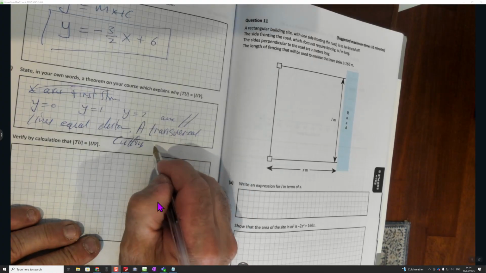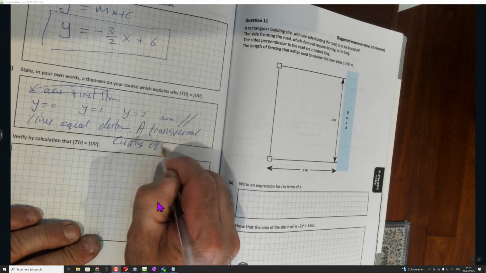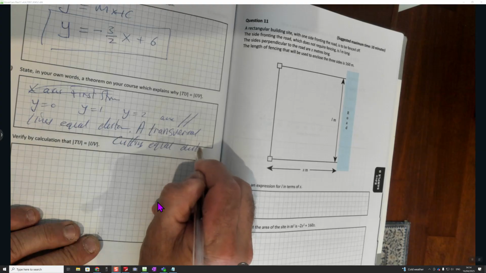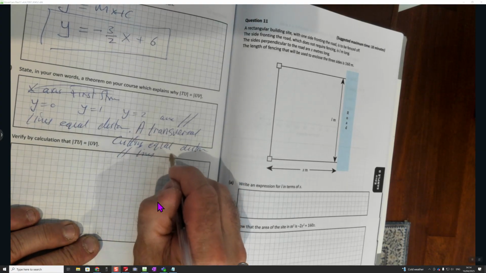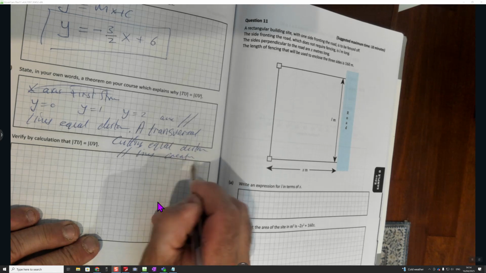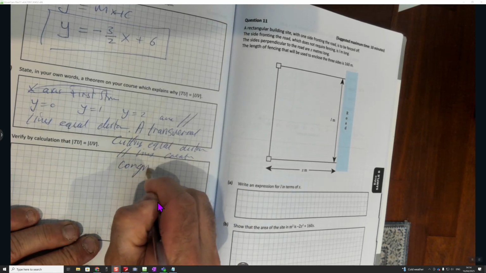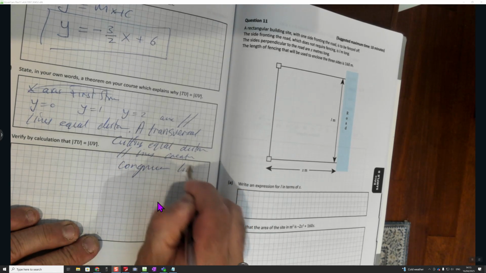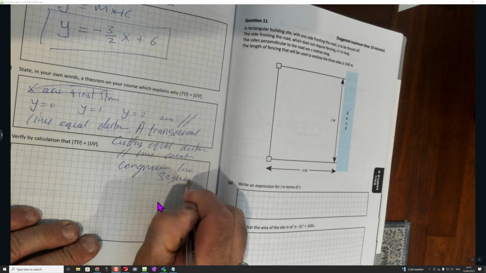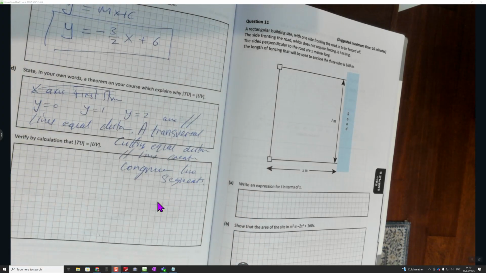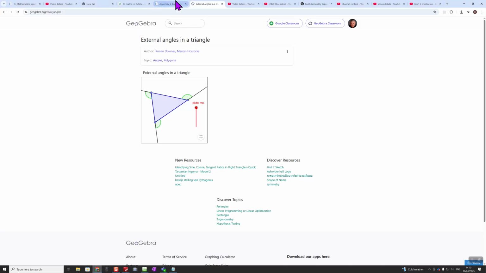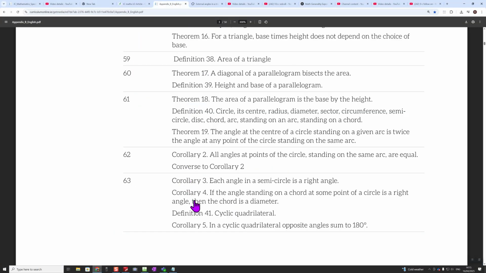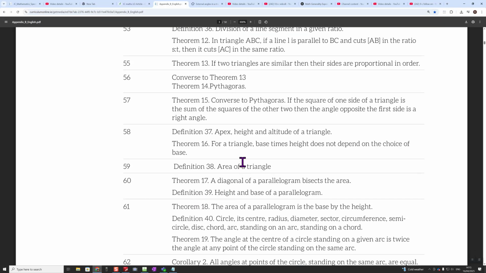A transversal cutting equal distance parallel lines creates congruent line segments. Now, I'm not happy making it up in my own words, so let's go to the syllabus. Appendix B, and we just look for it here.